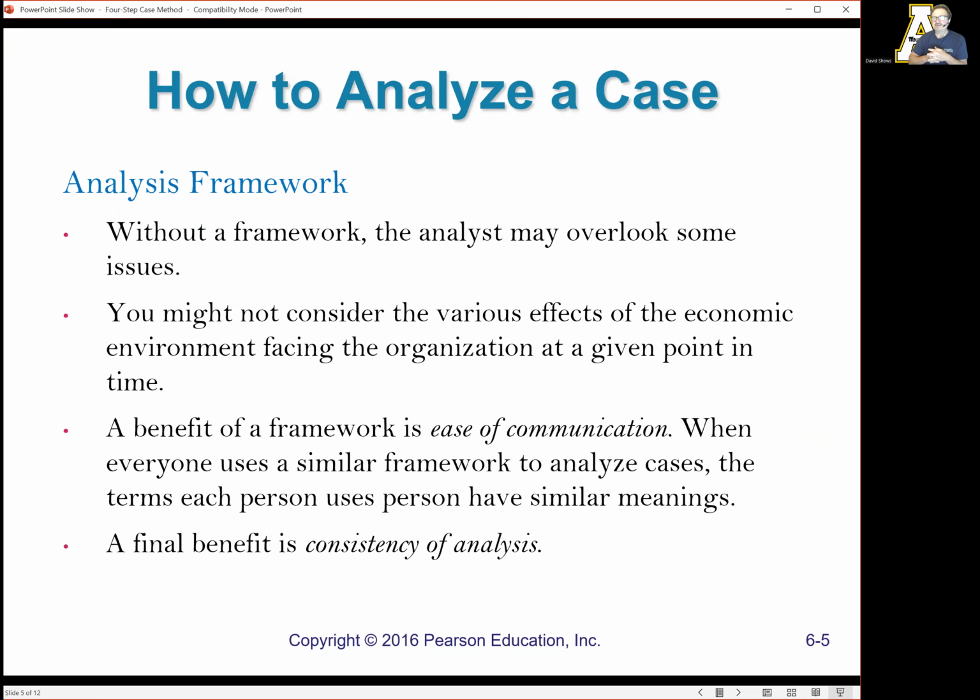Without a framework, the analyst may overlook some issues. Quite simply, we many times just get caught speeding and we don't consider the overall makeup of a particular problem. You might consider various effects of the economic environment facing the organization at a given point.